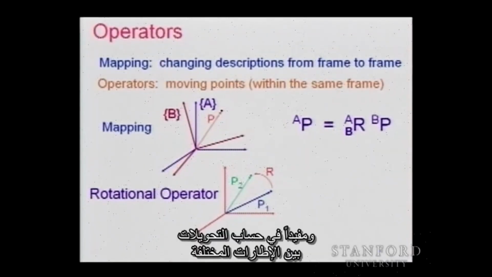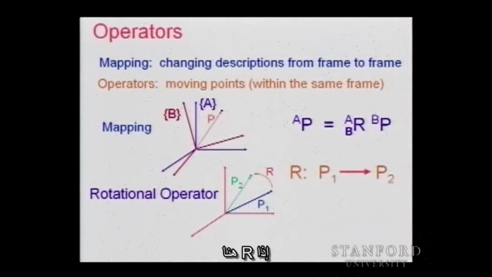And this is very useful later when we compute representations. You will find it very useful to compute transformations between different frames. So R here is operating on P1 to produce P2.